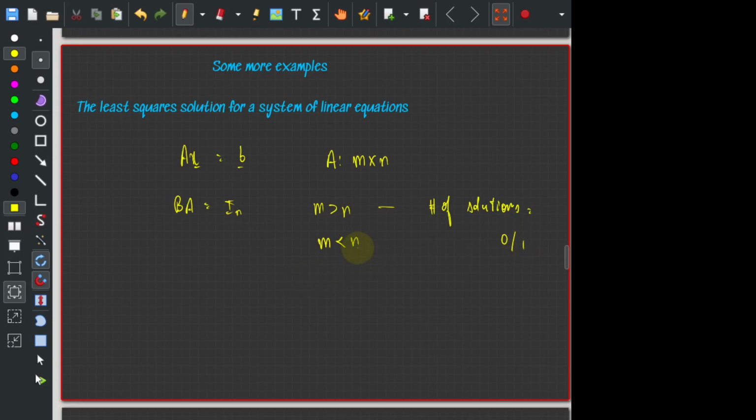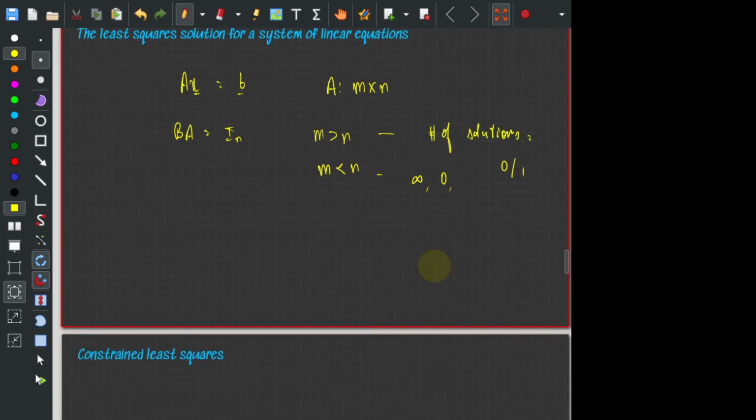If m is strictly less than n and a solution exists, then there will be many solutions. So the number of solutions can be either infinite or zero. There won't be a unique solution. Everyone agrees?